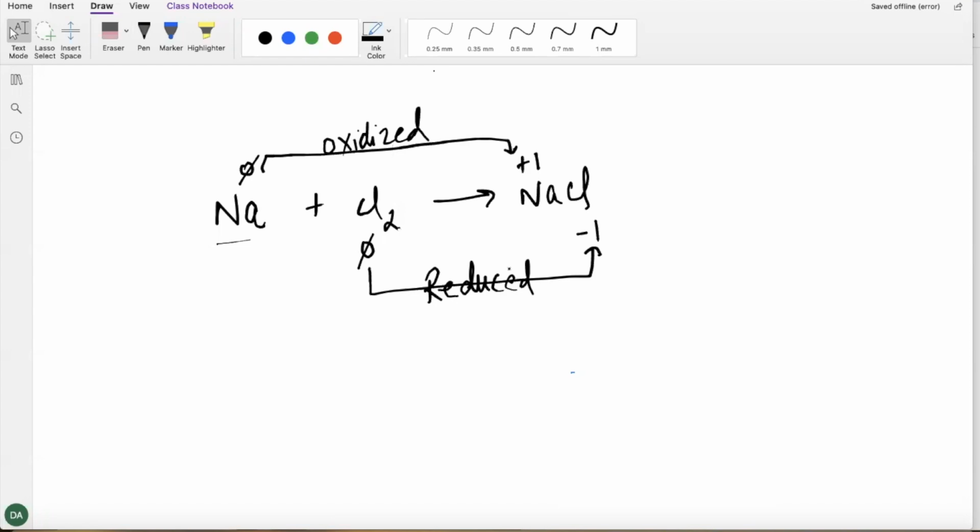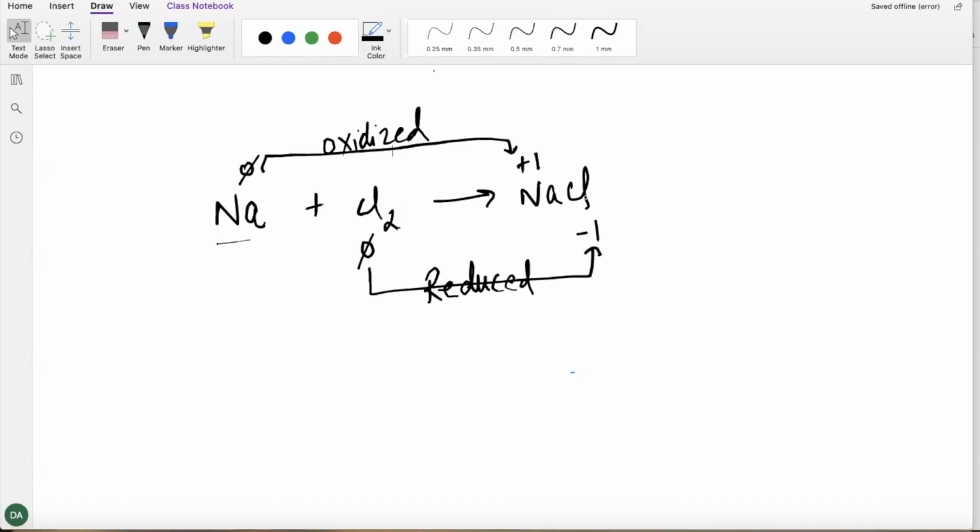The reduced part we call the reduction half, and the part that got oxidized is the oxidation half. So sodium going from 0 to +1 is the oxidation half, and Cl2 going from 0 to -1 in NaCl is the reduction half.